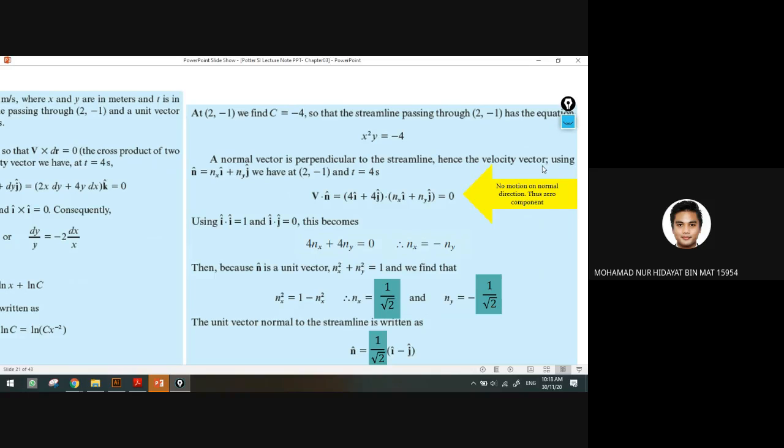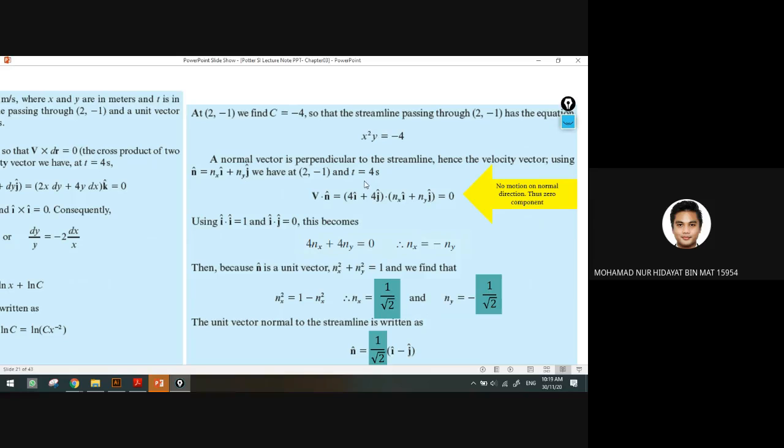Hence, with the velocity vector, we use n equal to nx and ny, the x and y components. Remember, for the normal vector we have i and j components, the magnitudes in the x and y directions. At which point? Remember, they ask you at (2, -1) at time equal to 4.